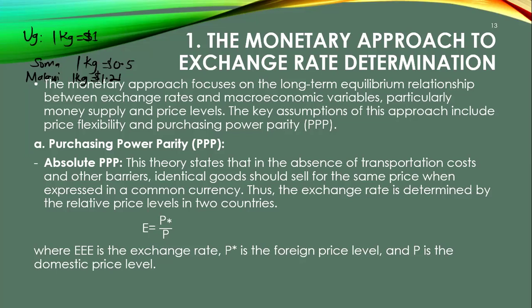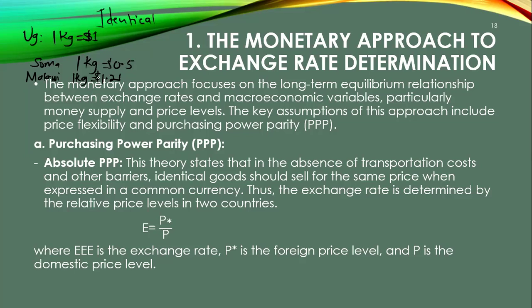So look at this. When we talk of purchasing power parity, we try to use these exchange rates. In other words, an item which is identical, which is the same, should be bought at the same price.